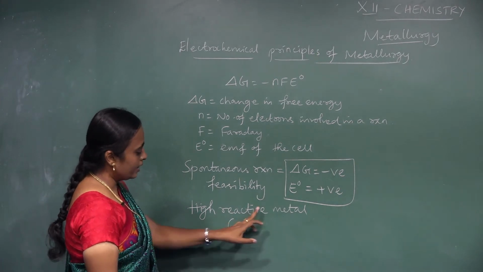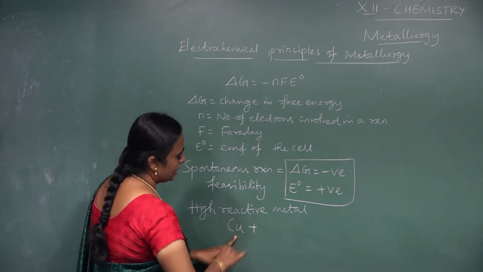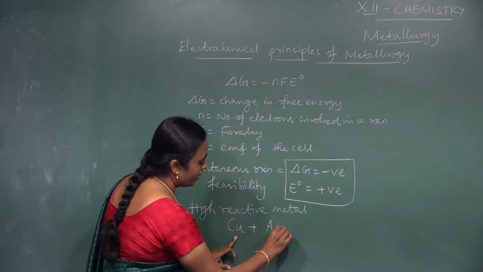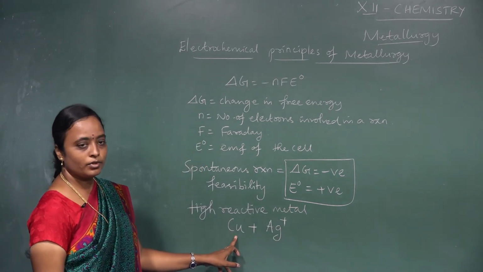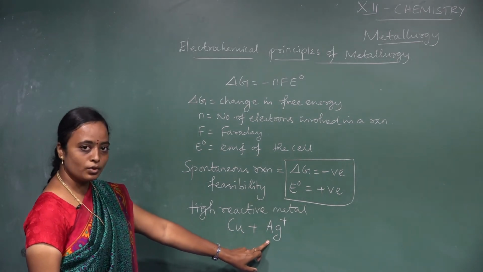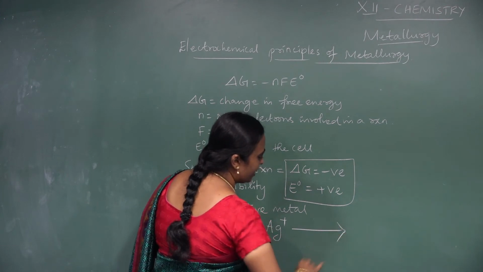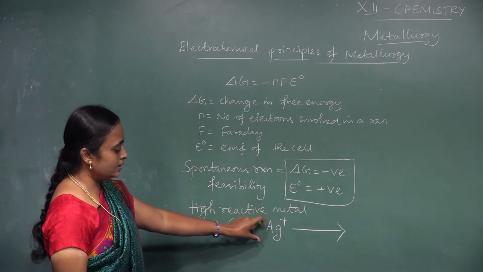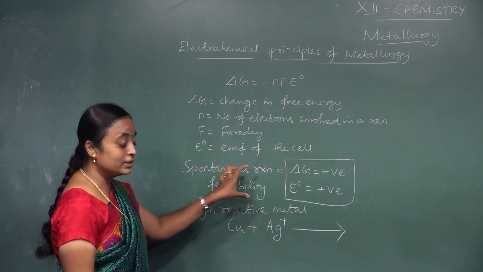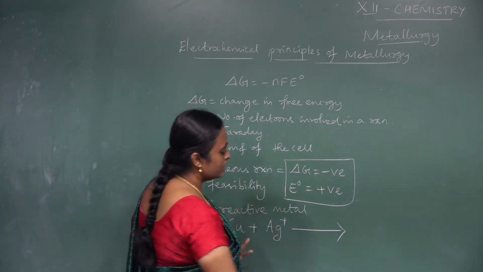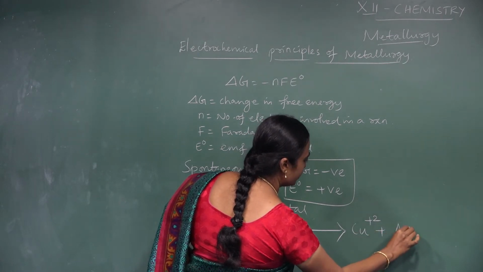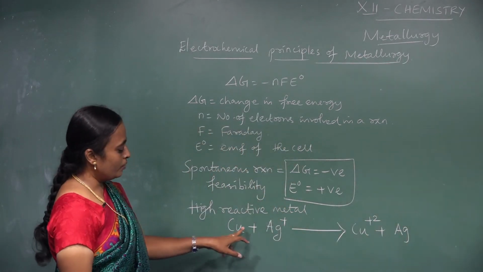So the highly reactive element copper is immersed in a solution of a less reactive metal's ions. A more reactive metal immersed in the solution form of less reactive ions: this highly reactive element goes into the solution, it is converted into ion, and the ion is converted into metal.